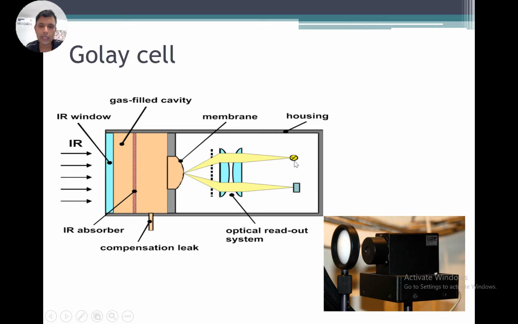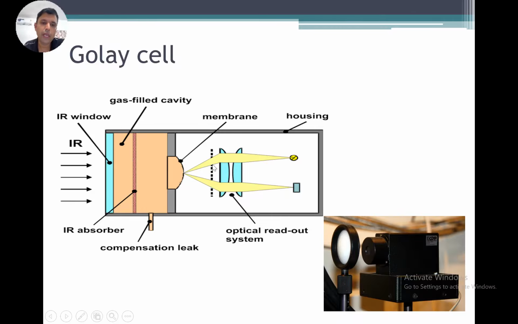This light passes through an optical system and is reflected from the mirror placed on the membrane. Once reflected, it is measured by a sensing element, like a light sensor.